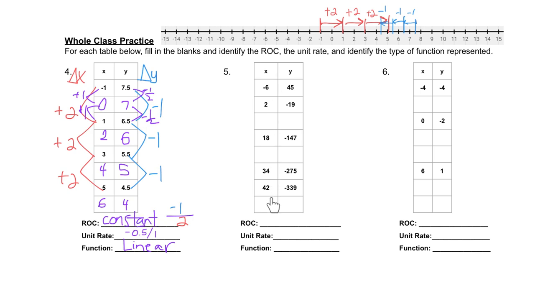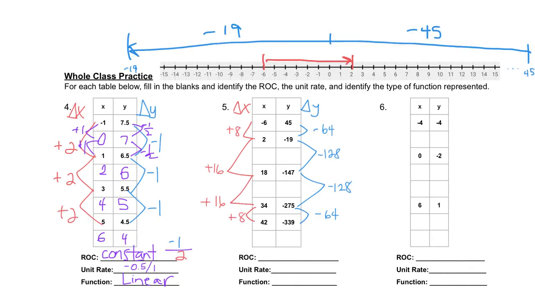We're going to do the same thing for number 5, where we are looking at change in x and change in y before filling in those tables. Take a moment to do that now. So looking at our change in y, we see that we are going by 1 and then we are going by 2 in terms of the rows that we're talking about.